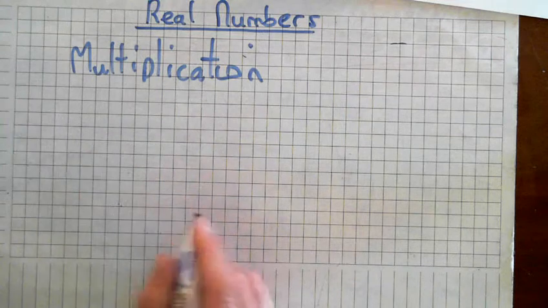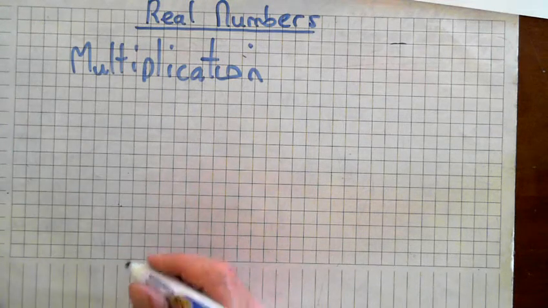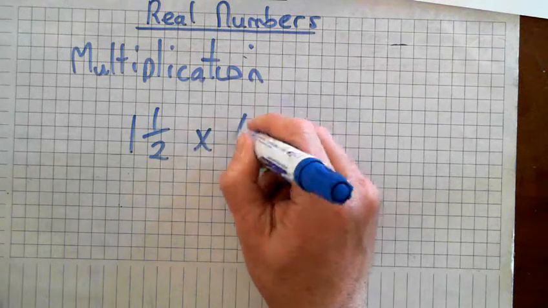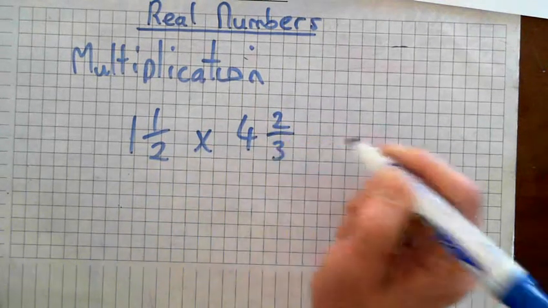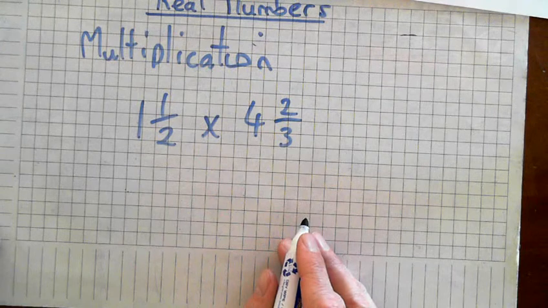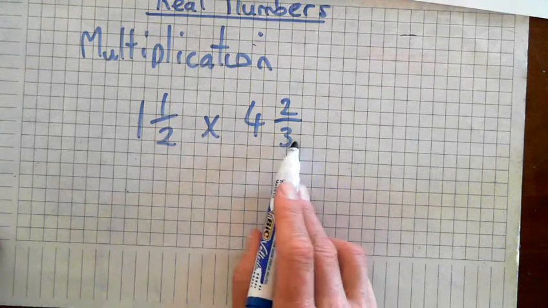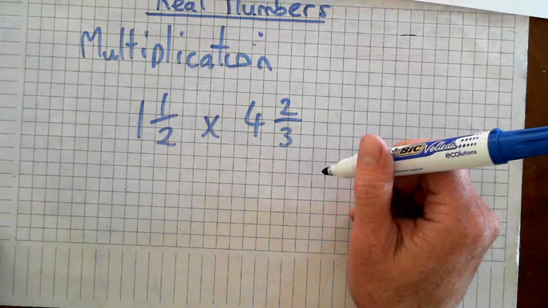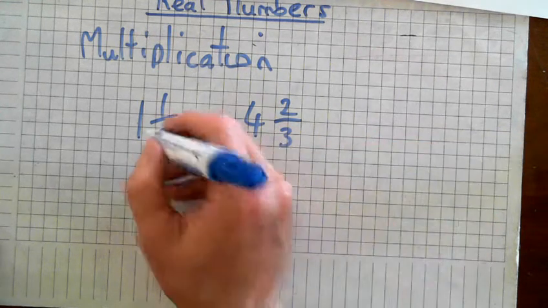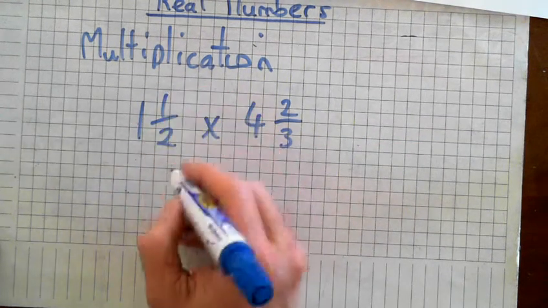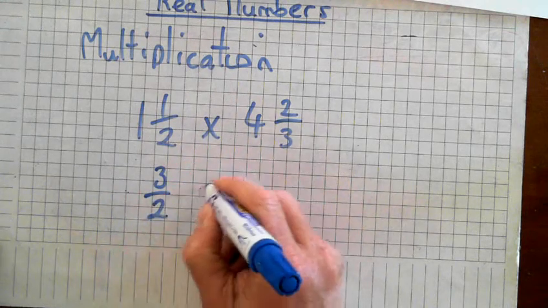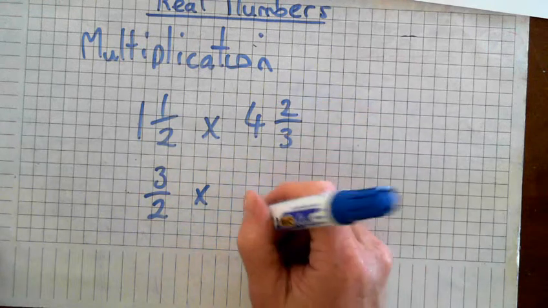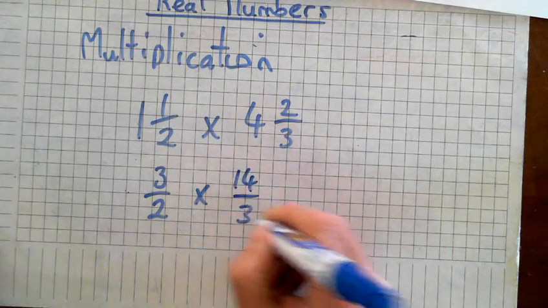What happens if you have a mixed number? 1.5 times 4 2/3. Well, first of all we'll make it into an improper fraction. 1 times 2 is 2 plus 1 is 3 over 2, times 4 times 3 is 12 plus 2, 14 over 3.